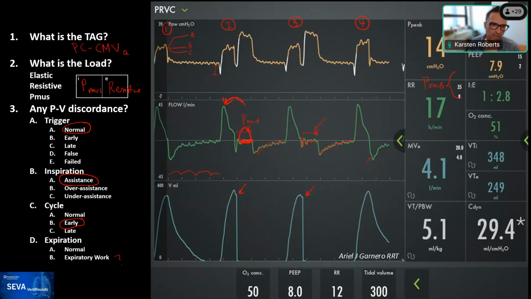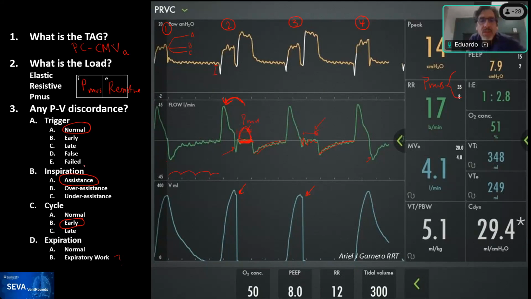But I think Eduardo points out that the argument against a false trigger is the amount of work that this patient is doing in order to trigger that breath. So I don't know if I buy that, but I'm open to changing my mind.